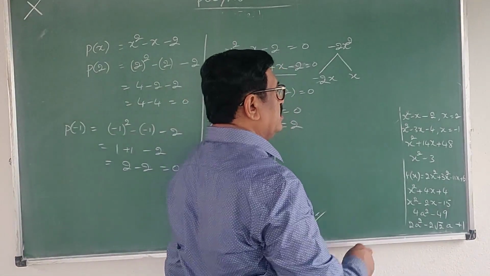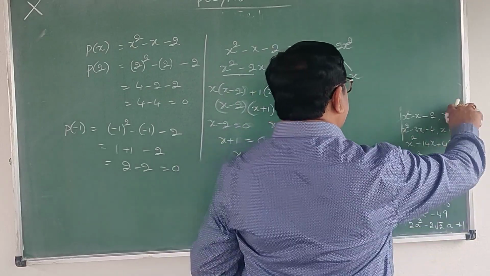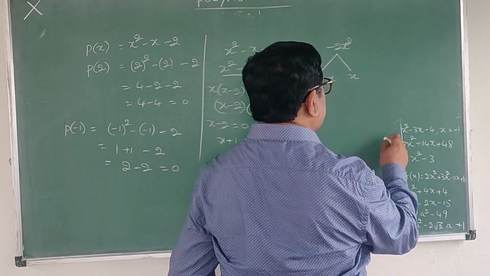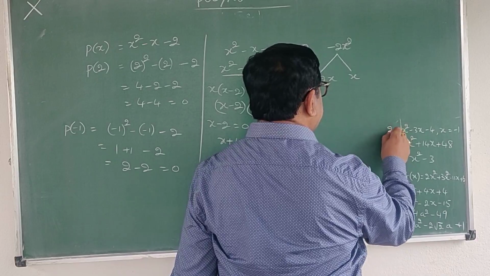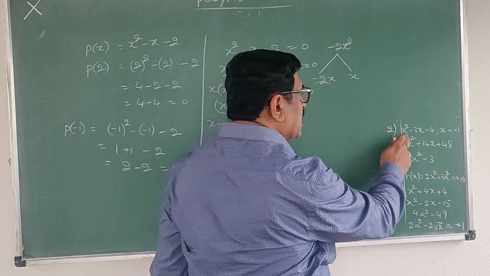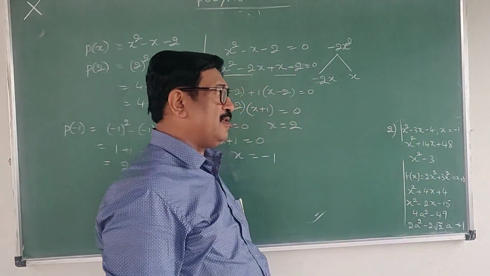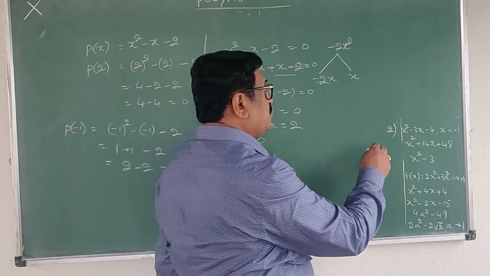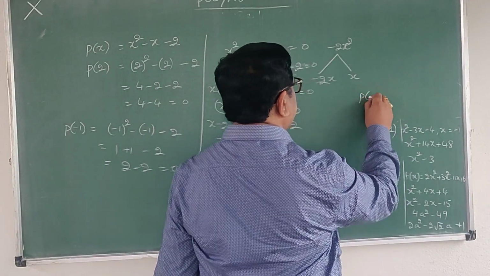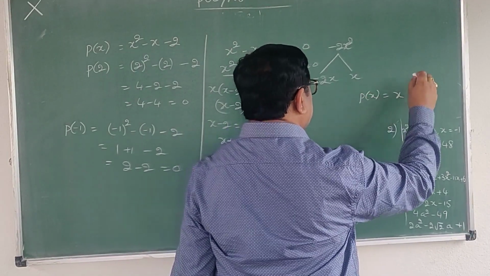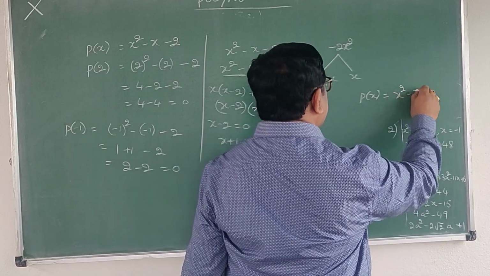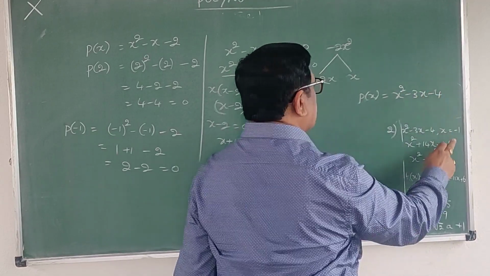Now here I have written these sums. Second example, p of x is equal to x squared minus 3x minus 4.